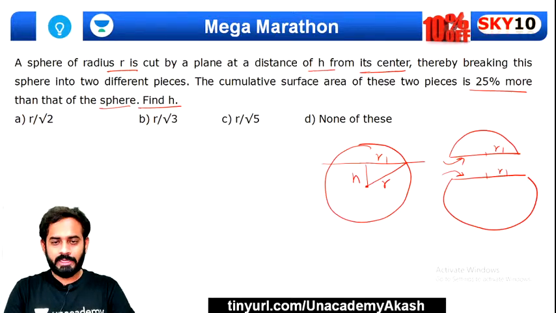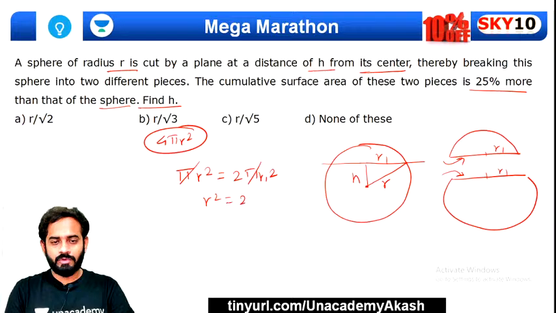Now the area increased by 25%, and 4 pi r square is the total area, so the increase of 25% is pi r square, and that is equal to 2 pi r1 square. Pi gets cancelled, then r square is equal to twice r1 square. R1 square is equal to r square by 2. R1 is equal to r by root 2.